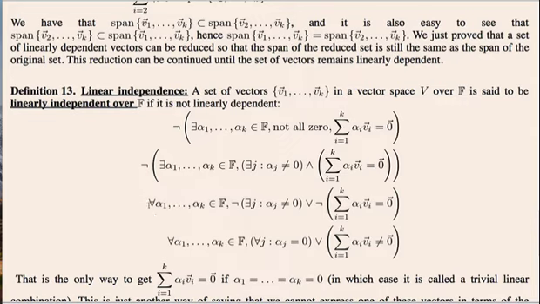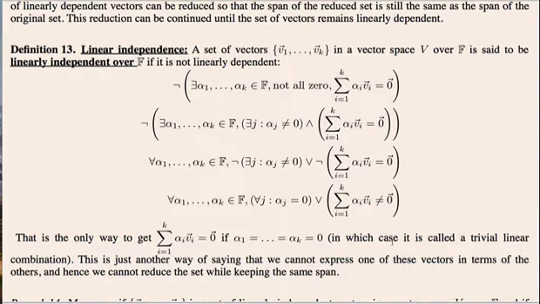That means we get the statement that for all scalars alpha 1 through alpha k, for all j, alpha j is 0, or the linear combination is not 0. That means the only way to get 0 as a linear combination of v's is if all the alphas are zeros, because one of them has to be true for the OR statement to be true.